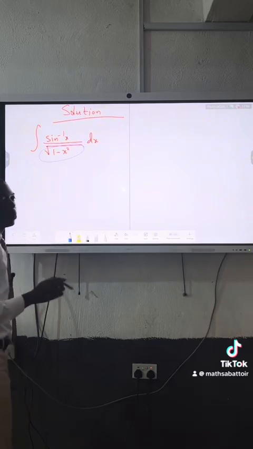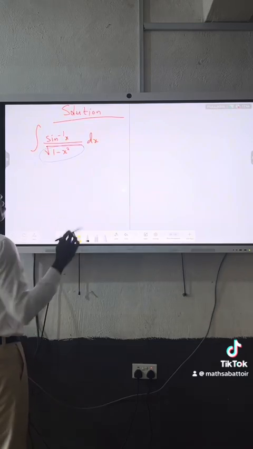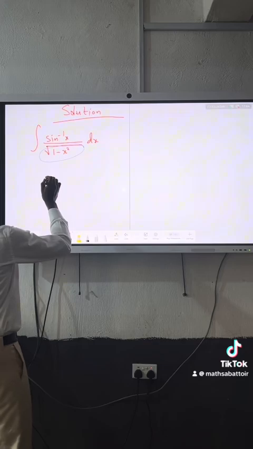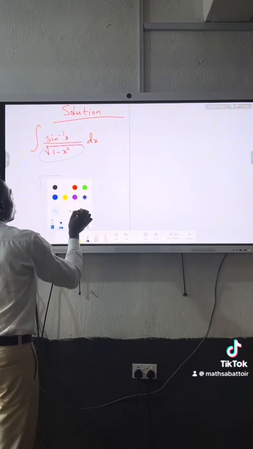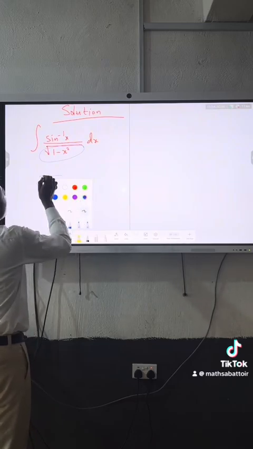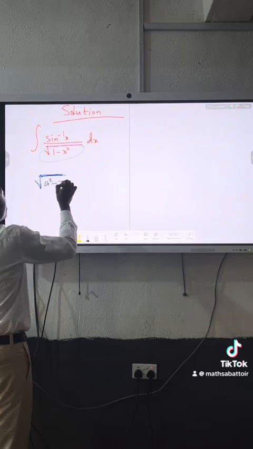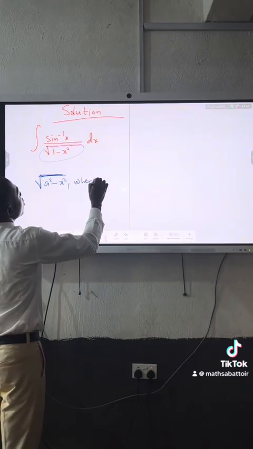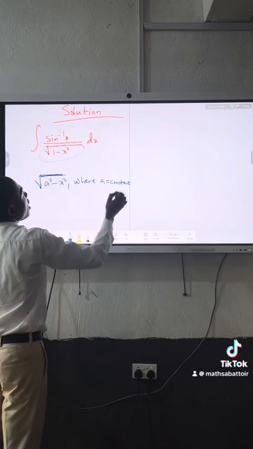You discover that every time you are integrating a function, and you have something like a squared minus x squared, where this a is a constant. Constant means that this a is a number.